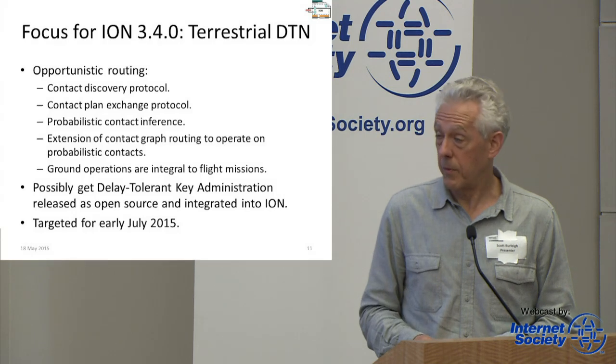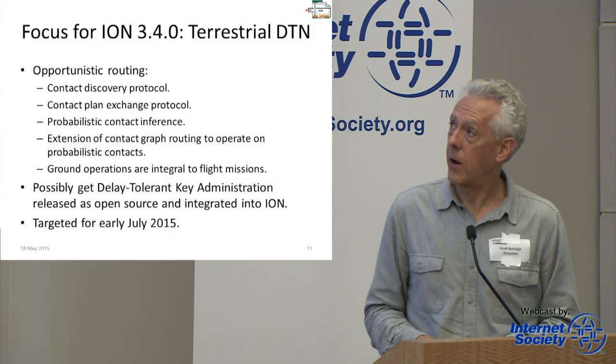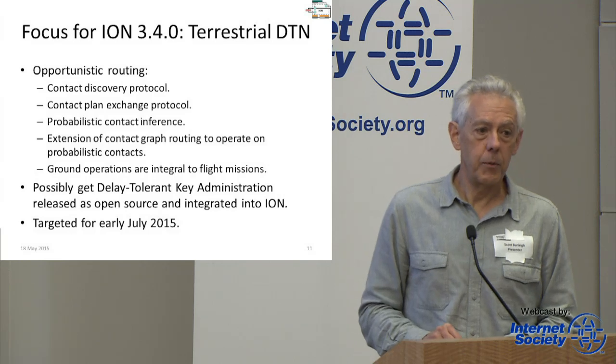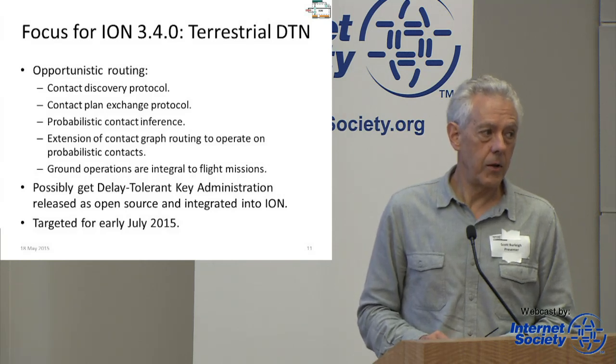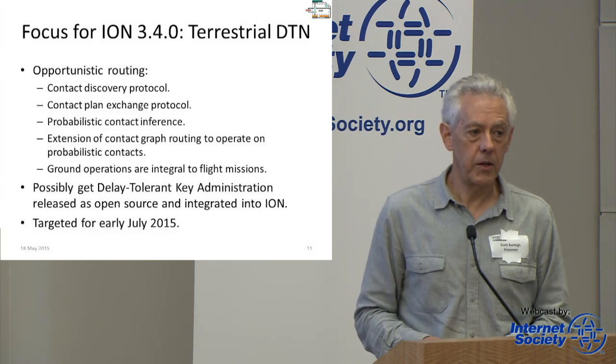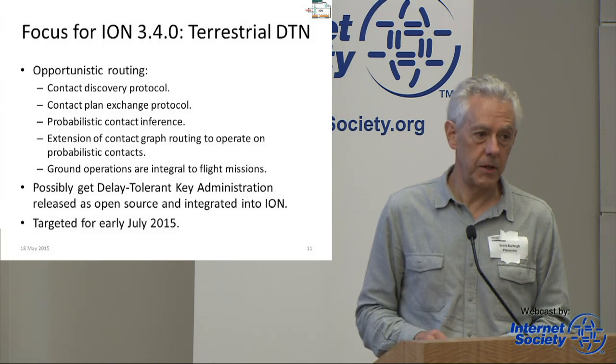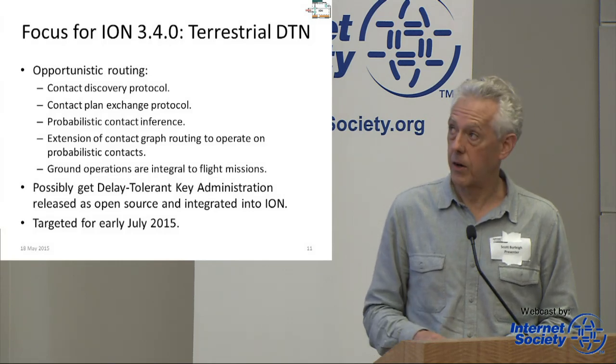But we're getting to work on it now. The focus there is on terrestrial DTN, on being able to use the ION implementation not only for spaceflight missions, but also in the opportunistic and probabilistic terrestrial DTN forwarding environment.